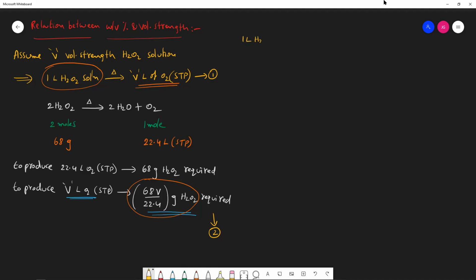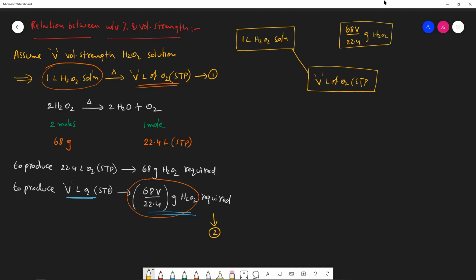1 liter H2O2 solution is going to produce V liter of oxygen at STP. And the same V liter of oxygen gas at STP is going to be obtained from 68 V by 22.4 grams of H2O2, right?